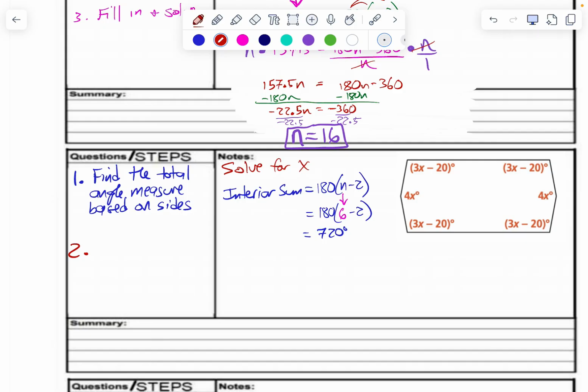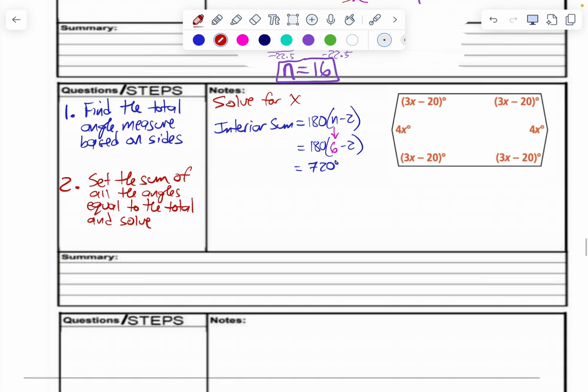Okay, number 2. Set the sum of all the angles equal to the total. And solve. Okay, the solving part is going to be usually pretty normal.